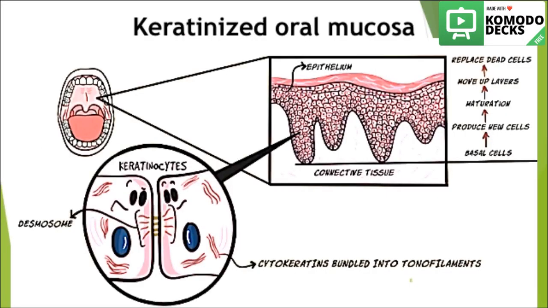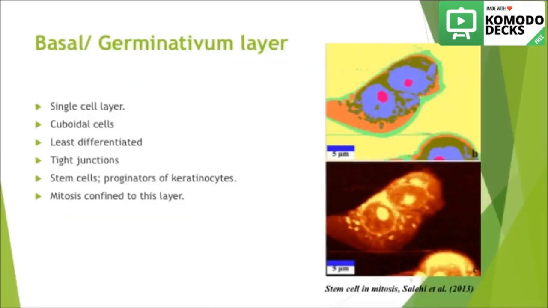As we have said about the keratinized oral mucosa, the basal cells produce new cells which mature and move up to the next layers, replacing the dead cells on the uppermost keratinized layer. The keratinocytes have desmosomes, and they have cytokeratins that are bundled into tonofilaments. Starting with the most basal layer, or what is called the germinativum, referring that here originates the keratinocytes.